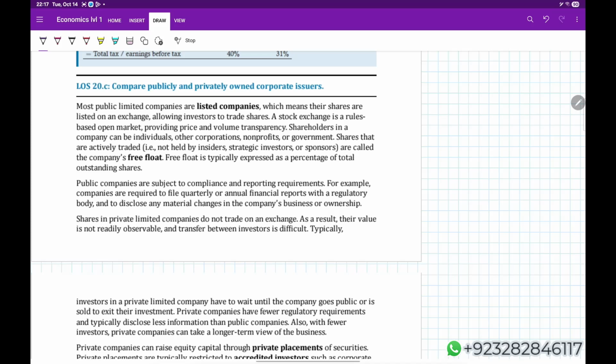They have a larger reputational impact. So because of these factors, and particularly because of the exchange, we have price and volume transparency. Every minute, every second, the prices and volumes are being updated.